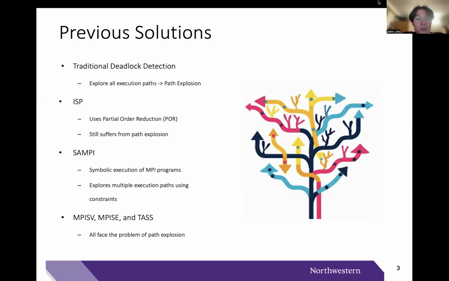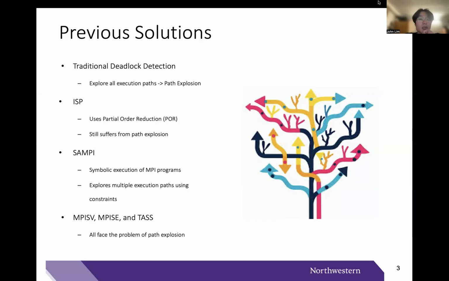As the number of processes and communication events increases, the number of possible interleavings grows exponentially, making the deadlock detection very slow, inefficient, and infeasible. So as you can see, path explosion makes deadlock detection very challenging to do efficiently.